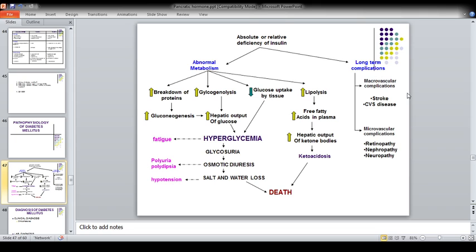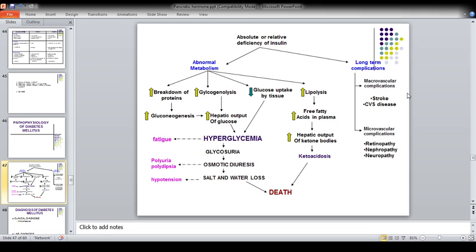Then there could be long-term complications of diabetes mellitus. These are divided into macrovascular and microvascular complications. Macrovascular are complications which occur due to larger vessels, such as the blood vessels that are supplying the brain or the blood vessels which are supplying the heart.